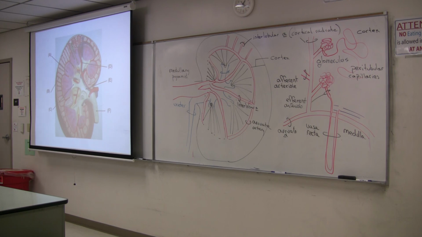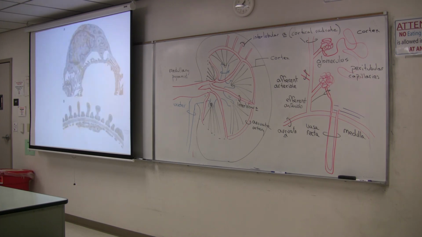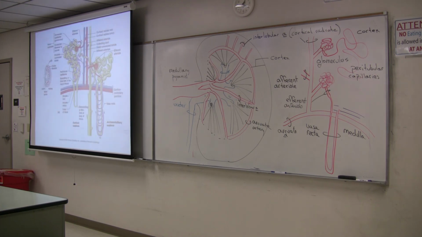Now, when you're ready, I want to erase the kidney and those vessels that I've drawn already and redraw that same diagram on the far right and add my nephron, my actual functional kidney unit, to it in a diagram that's going to look like this. Okay?